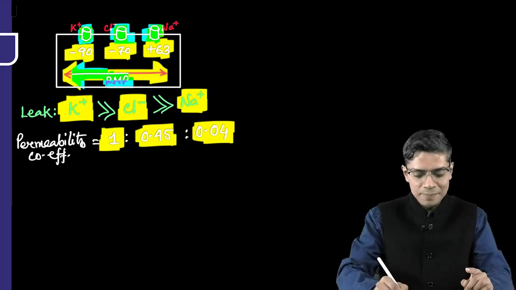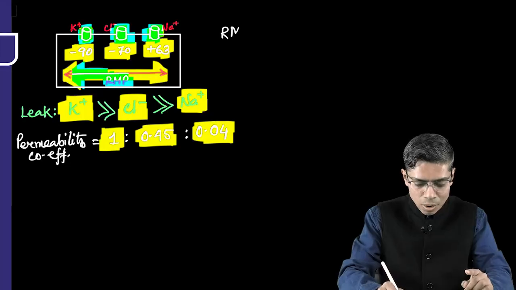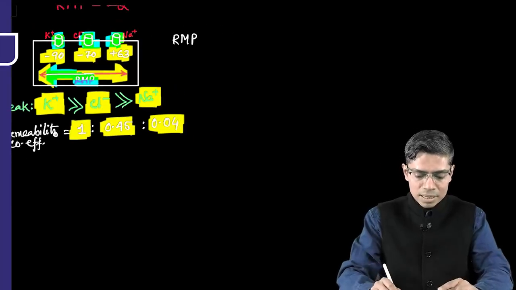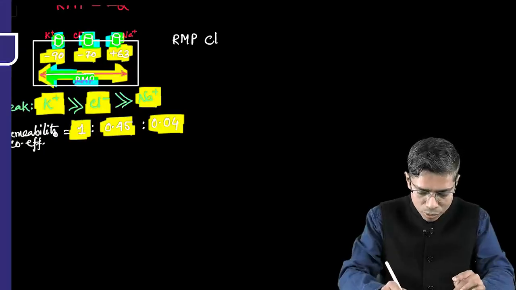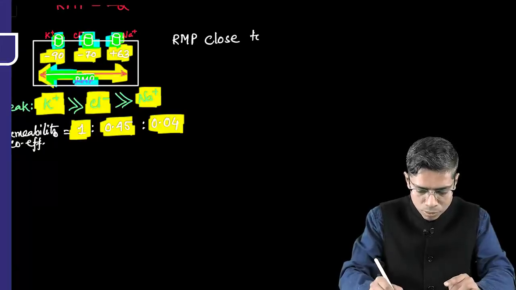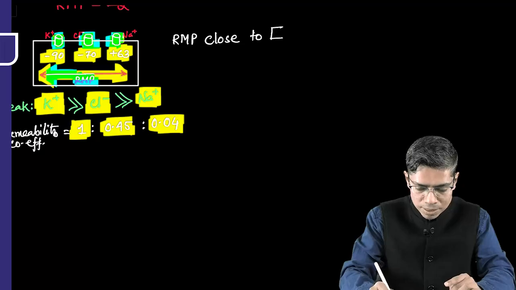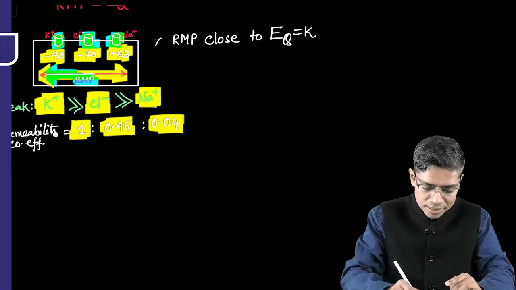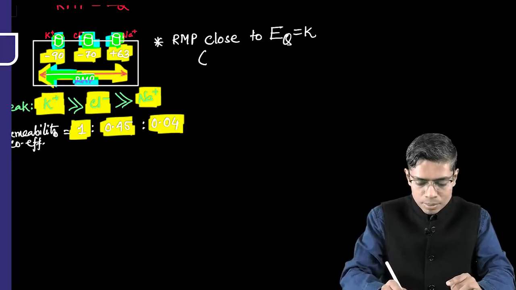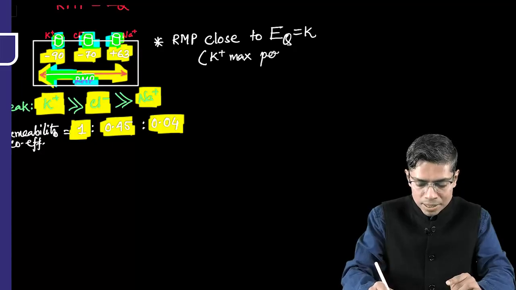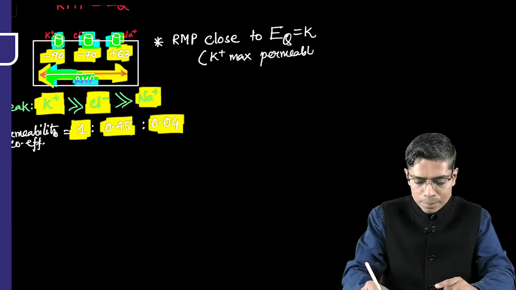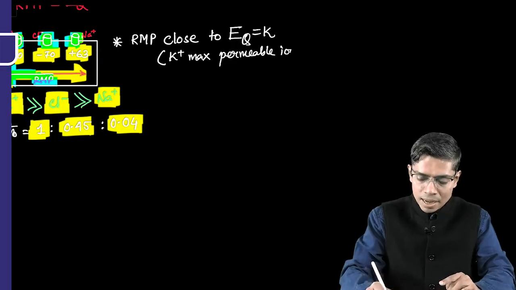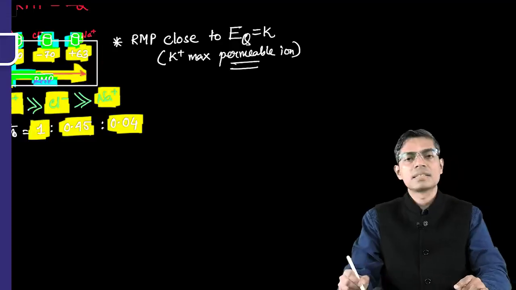That's why we say that RMP of almost all the vertebrate cells is close to equilibrium potential of potassium. Why is that true? Because potassium is the maximum permeable ion.